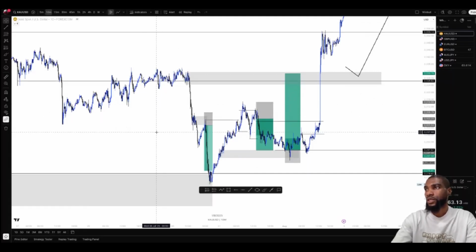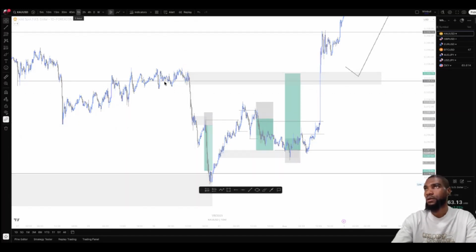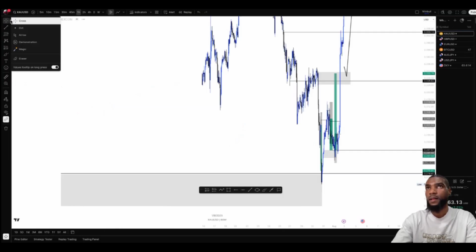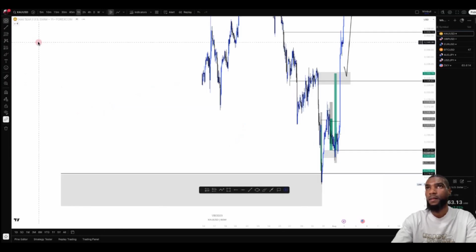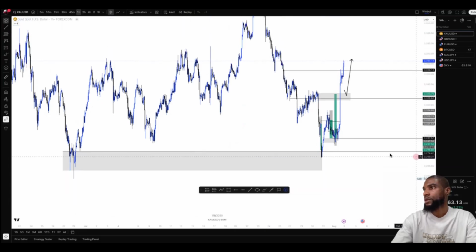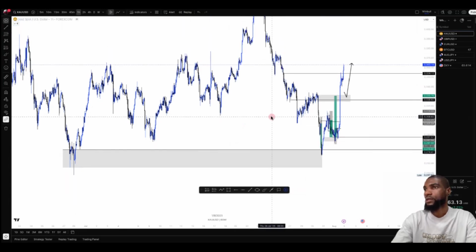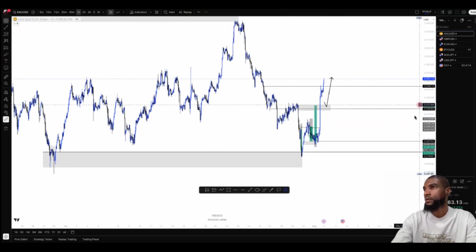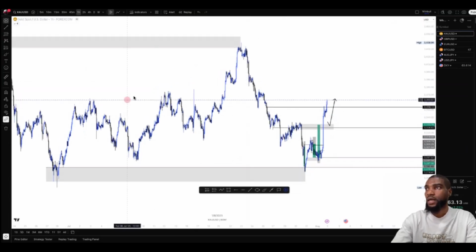So this is a trade I took on gold. Right, you can see the market. Let's go to 1 hour. So this is the trade I took on gold. That was last week, right? I did analysis on the higher time frame and all the way down to the lower time frame to get this confirmation.